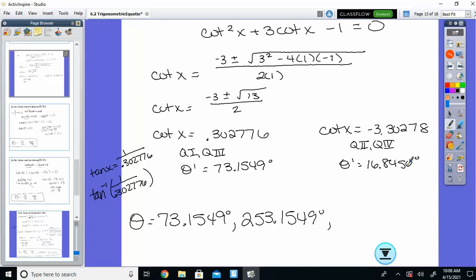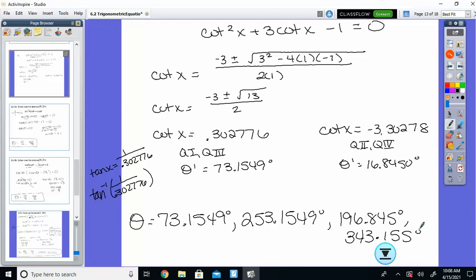Except we're in degrees now, so 180 minus that, which is 196.845 degrees. And then in quadrant 4, you do 360 minus, which gives us 343.155 degrees.